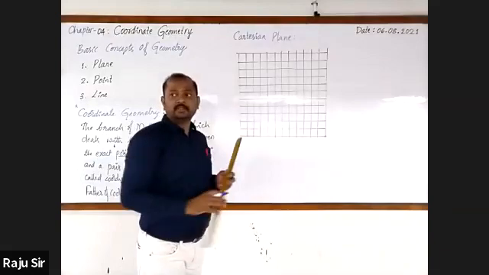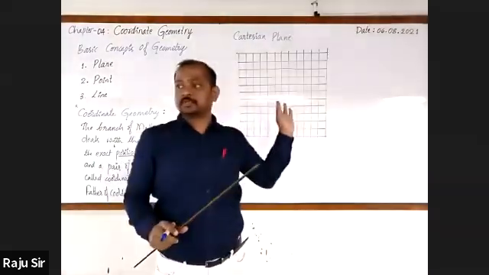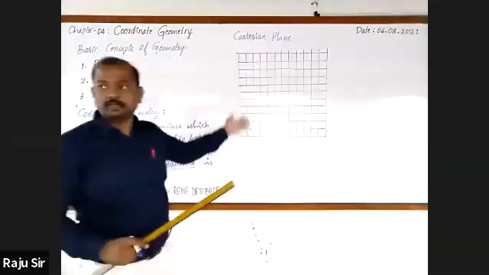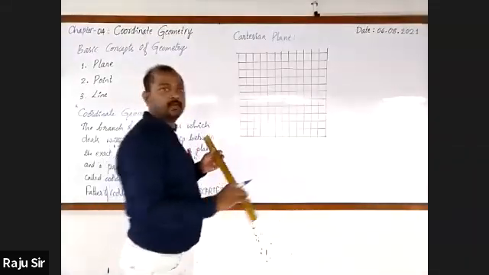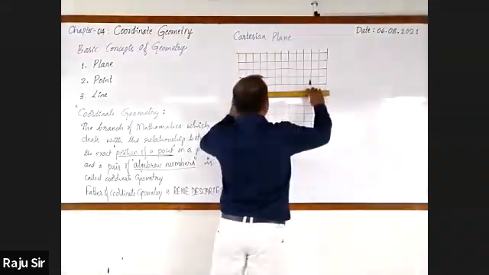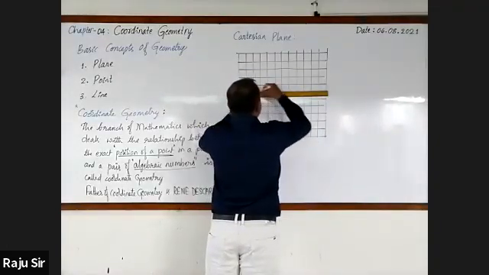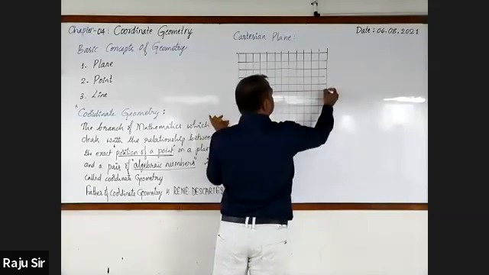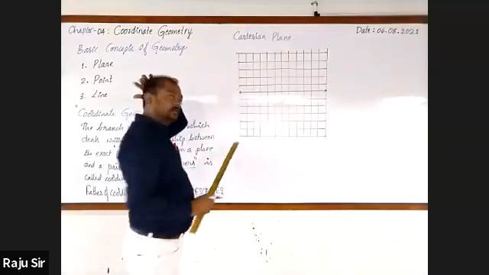I won't give the definitions of all these terms; let us mark all the terms in the graph only. What do you call the horizontal line? X-axis. Yes, draw that. Let it be a bit dark, so I am using a blue color line.